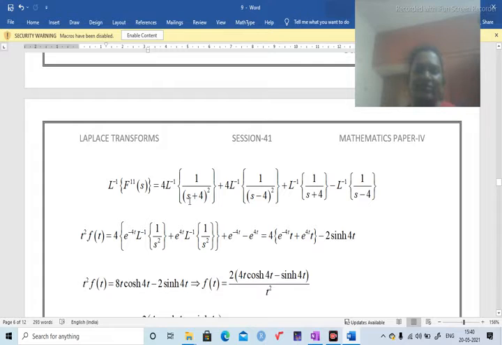L inverse of 1 by s square is t. Plus here plus 4 is there, so e power minus 4t. Here minus 4 is there, that's why e power 4t. So here L inverse of this and L inverse of this is t only.